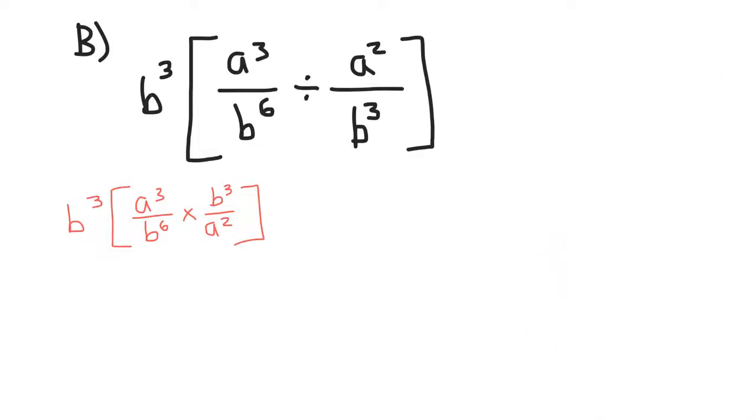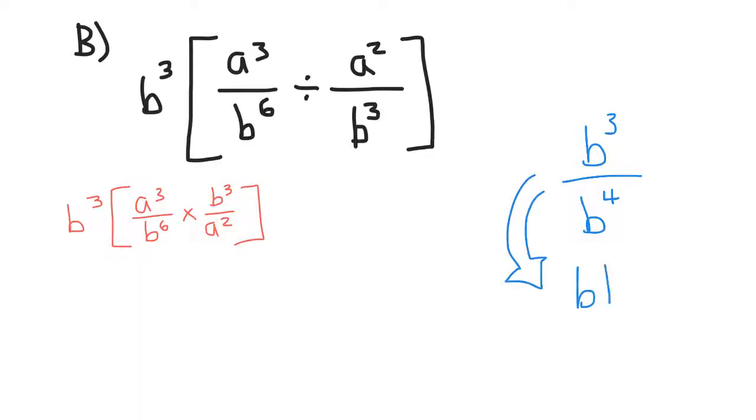Now, another thing that I think is worth taking into account is the fact that if you had something like b to the third all over b to the fourth, well, what is that in reality? In reality, that is a string of 3 b's being multiplied together, all over 4 b's being multiplied together. And this cancels with that, this cancels with that, this cancels with that, leaving me with this 1 b down below.